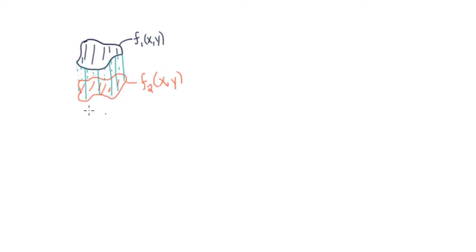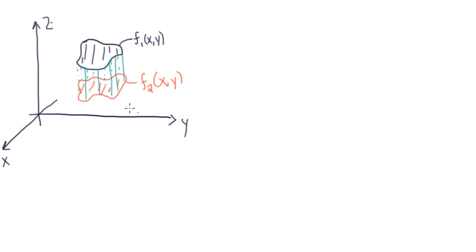And so if we look down into the xy plane, so here's x, and here's y, and here's z. If we look down, this volume region, we'll call it R, is bounded between these two surfaces.